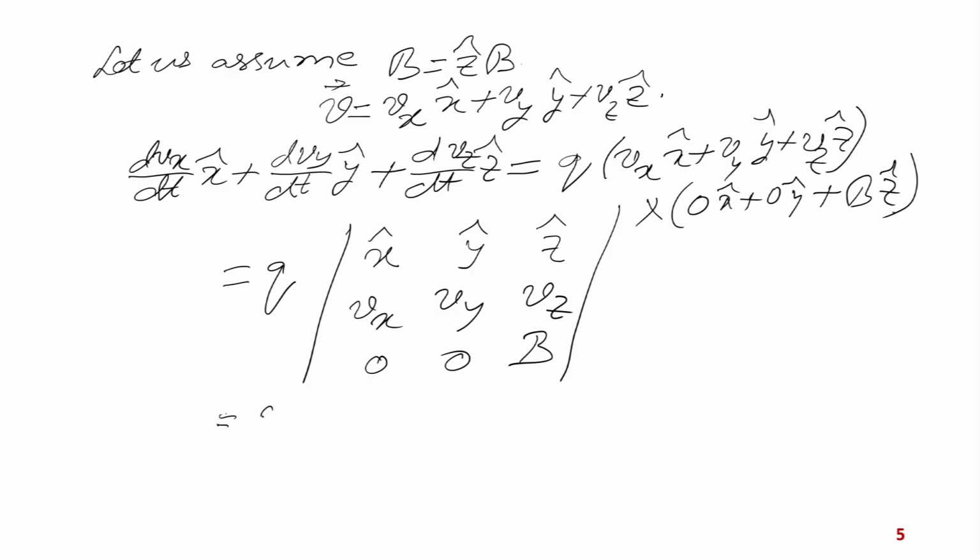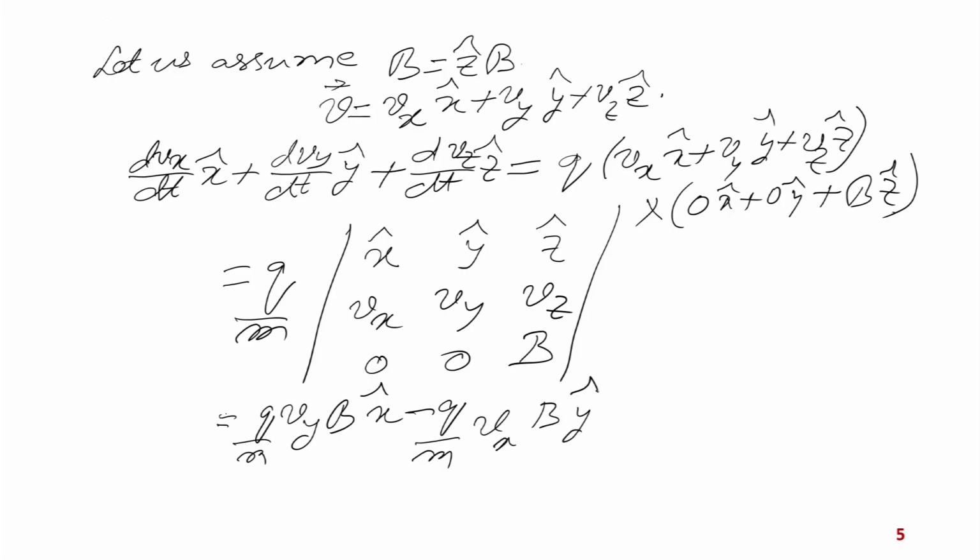It will be q by m times B; the x component will be V y B, the y component will be minus V x B, and the z component is 0.